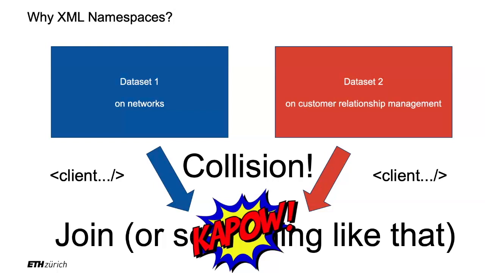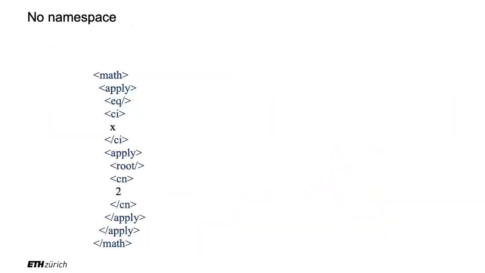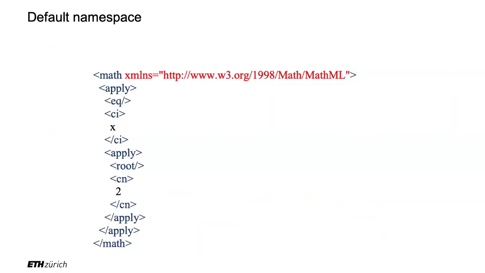Just on that, then there is no difference between no namespace and the default namespace because you're going to have collision in both ways. Or what's the difference? So there is a difference because here, if I have the default namespace, let's say I have these documents.